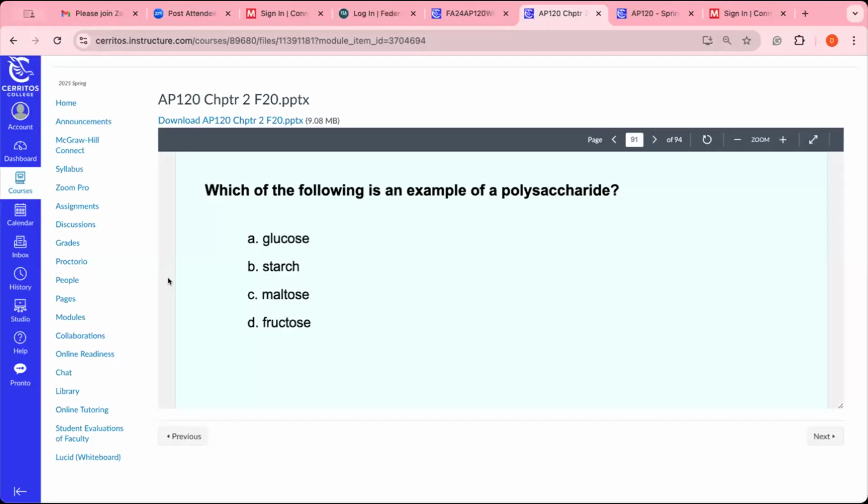Which of the following is an example of a polysaccharide? Those are starches, because glucose is a simple sugar. Fructose is made up of two. And I believe maltose as well is made up of two sugars. Okay.